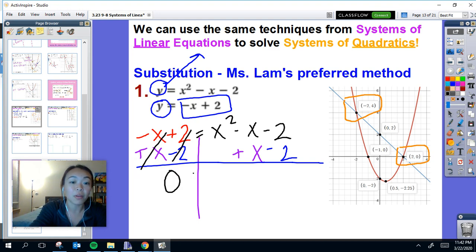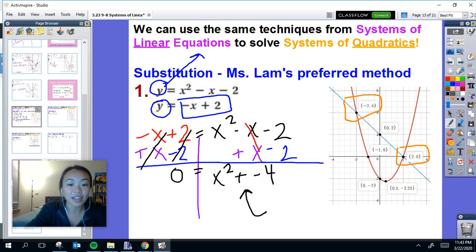So I have my goal of setting it equal to 0. And remaining on this side is x squared. Negative x plus x is 0, or I don't even have to write that because they just cancel. And then negative 2 minus 2 is negative 4.